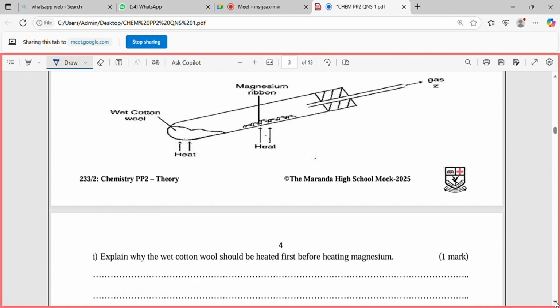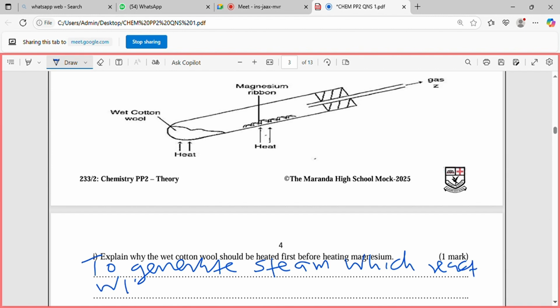To generate steam, which expels the air initially in the combustion tube, and the steam then reacts with magnesium.